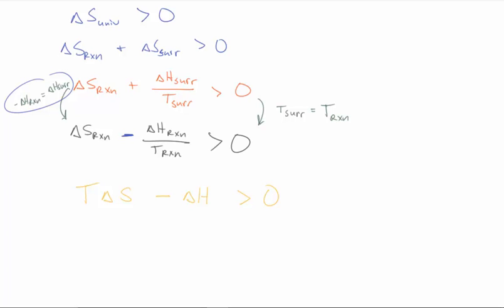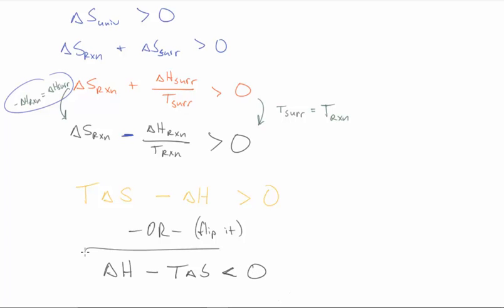Now, another way to write this, ladies and gentlemen, and I know I'm going through a lot of different variations of this, but all I'm going to do now is flip it, and this is going to be the final one that we're actually going to use. So if I have delta H minus temperature times my entropy, notice since I've flipped the negative sign there, they need to be less than 0.